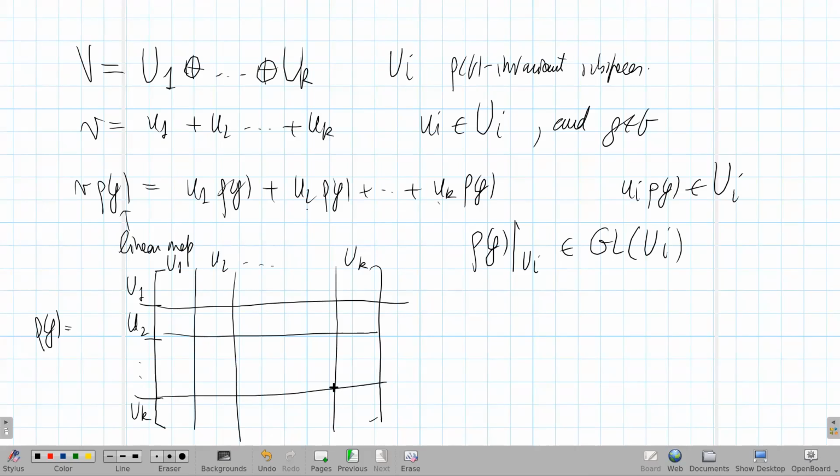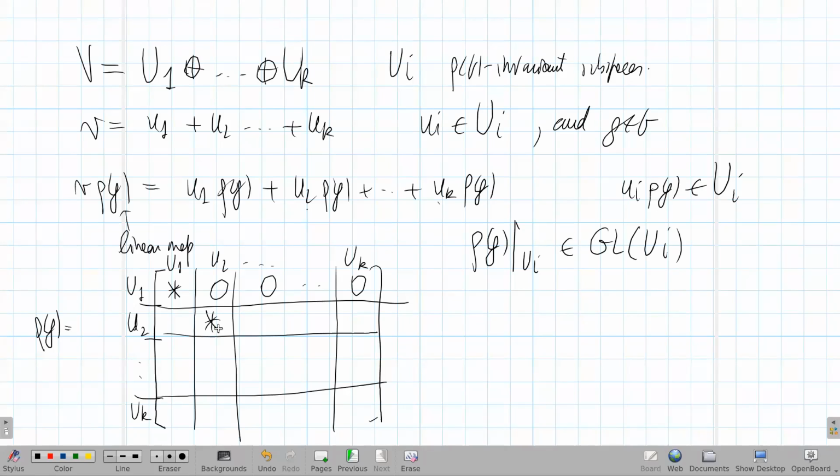What we've just seen is that when I restrict rho(G) to Ui, I get an element that maps it into Ui, which means that there is something here. So if I restrict rho(G) to an element of U1, I get an element of U1, and this will be 0. There won't be any components outside U1 in this particular case. And if I do it with U2, I'll get something here, okay?